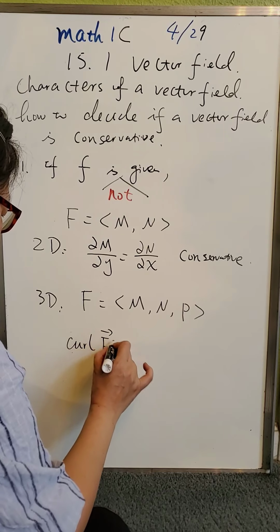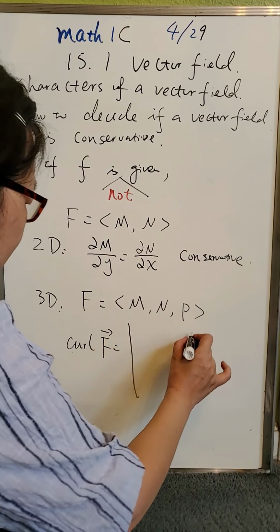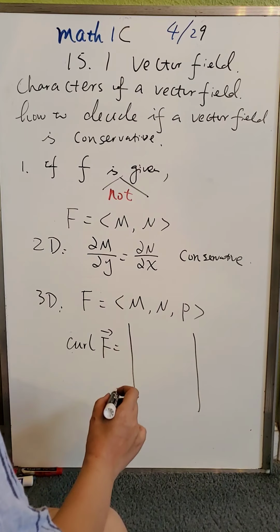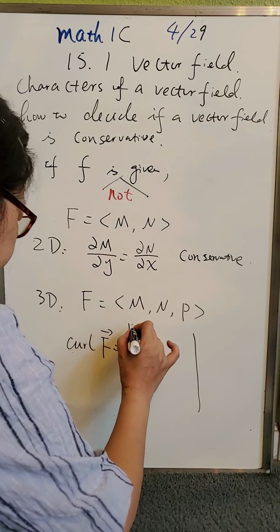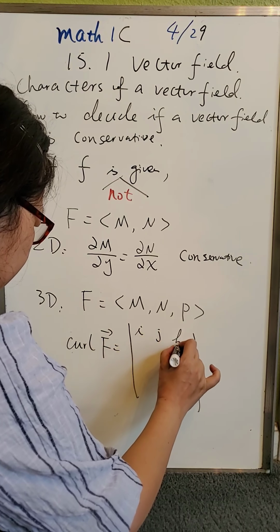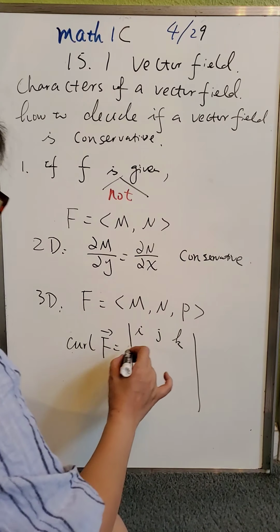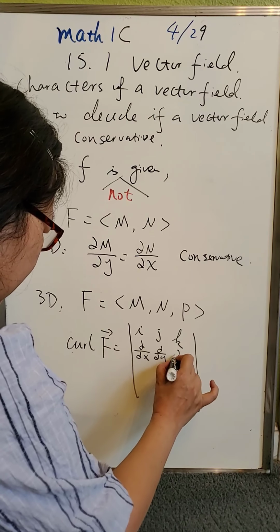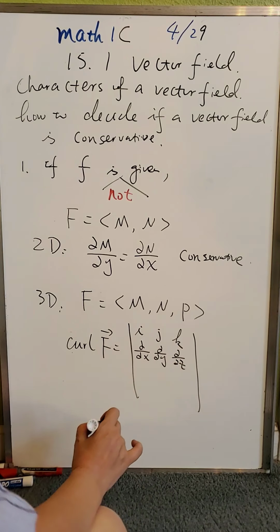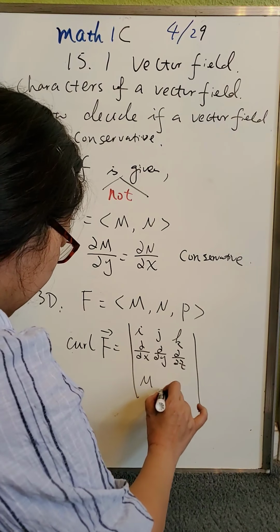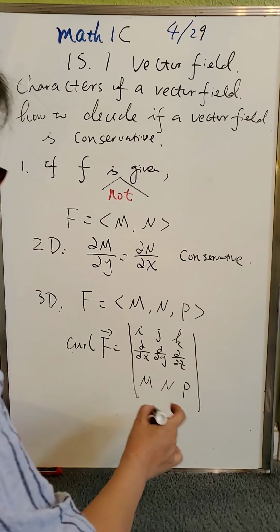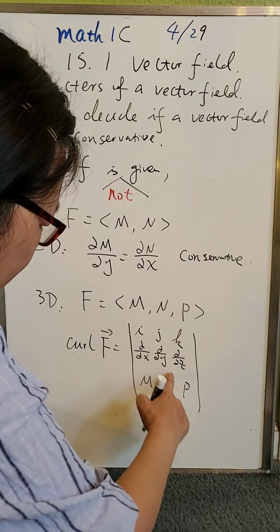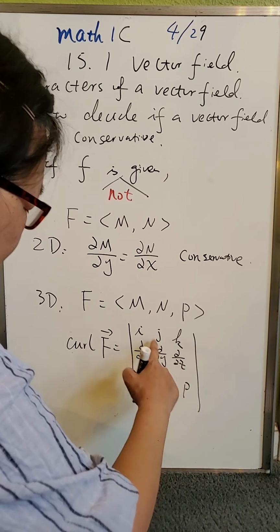The curl of F equals i, j, k, then del x, del y, del z, then M, N, and P. It means you take the derivative, like the partial of P with respect to y, and so on.